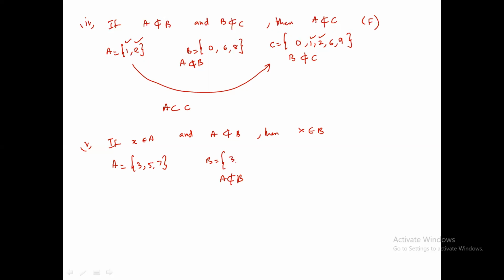If I want, I will take 3, but 5 and 7 I will not take. So suppose 5 is there in A, but 5 is not there in B. That means what they gave is false.